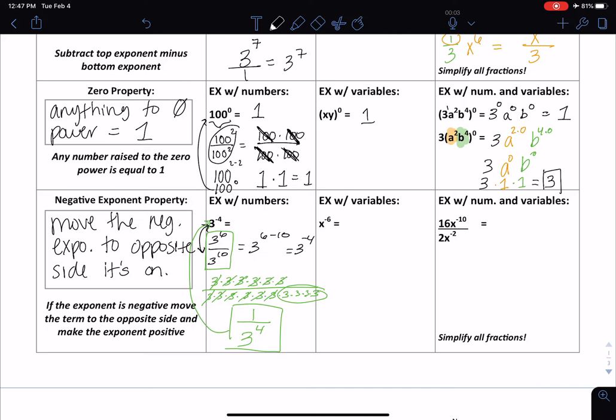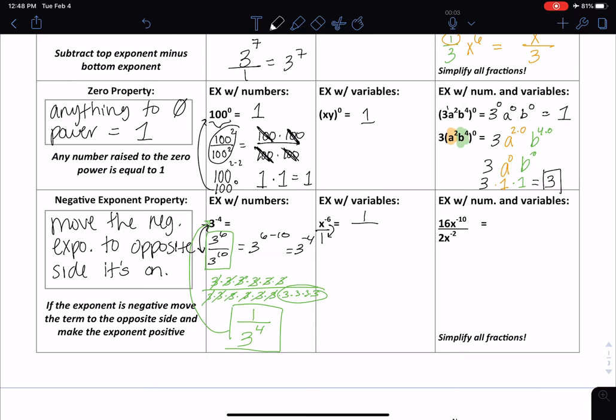So this next one is similar to the one I just did. I don't have to show all this fraction and the crossing out. I need to make it not negative. So since this is not a fraction, I can make this a fraction by putting a 1 underneath. So now to make it positive 6, I just move the x to the 6 underneath and the 1 goes on top. So they pretty much flip.